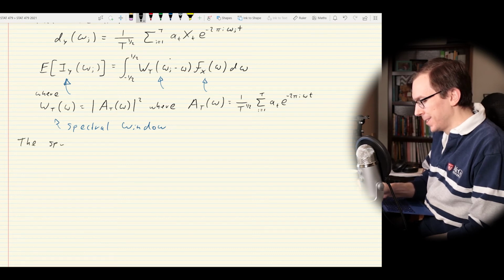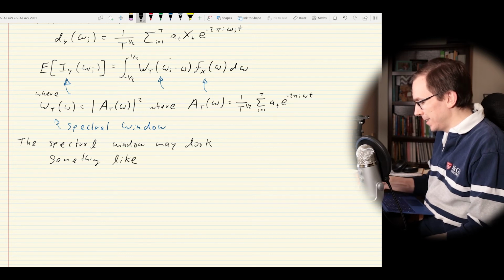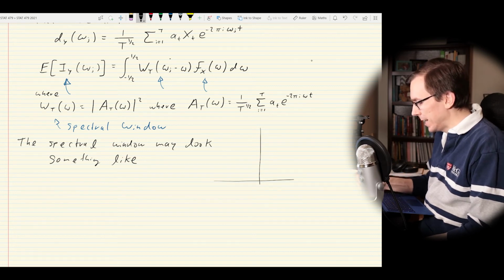The spectral window may look something like, centered around 0 because we're offsetting it by omega_j, it might look something like this.